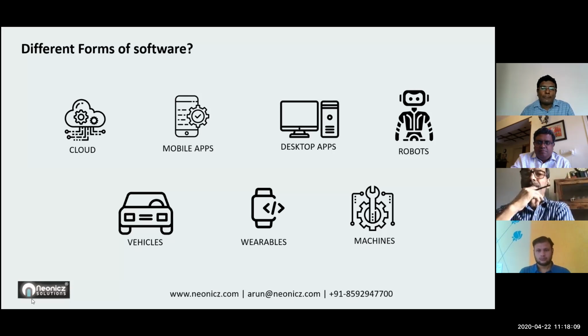There are a lot of things in wearables also that come as part of software. And a lot of machines used in industry are running on top of software now with the help of IoT, that is interconnectivity, meaning connected devices, so the devices can communicate with each other.